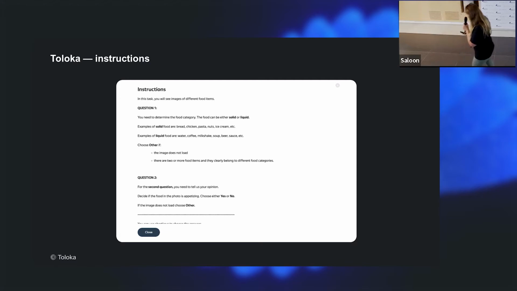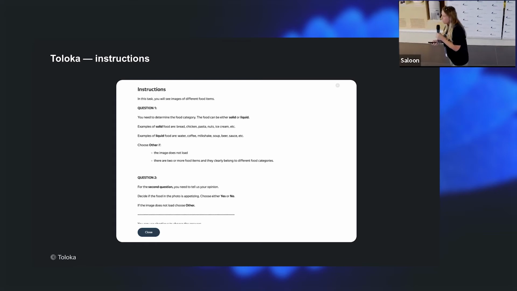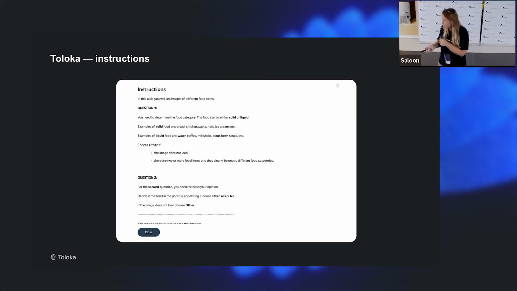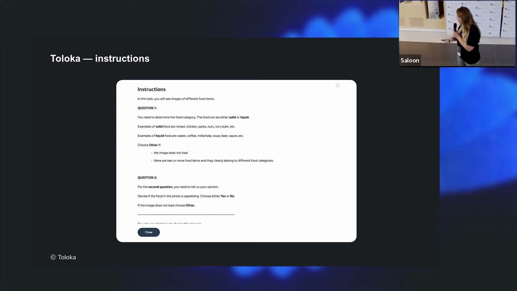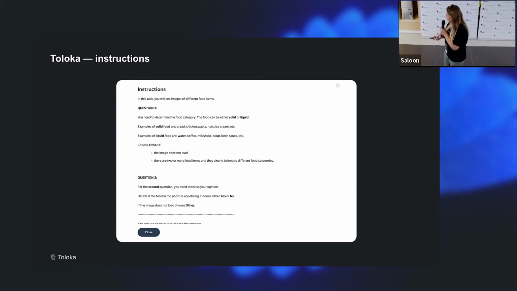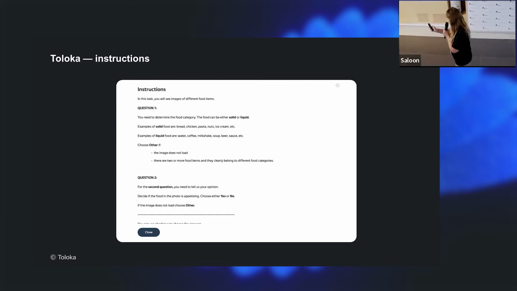Actually, I have noticed that in the data set, sometimes we had pictures of maybe a coffee and a cake. In this case, it would be both. That's why I told my annotators they should choose other in this case. And the second question, a much easier one, a subjective question. They just feel if it's appetizing or not. So those were the instructions.